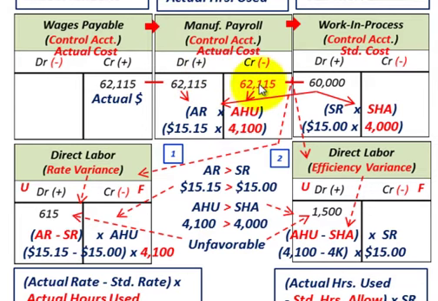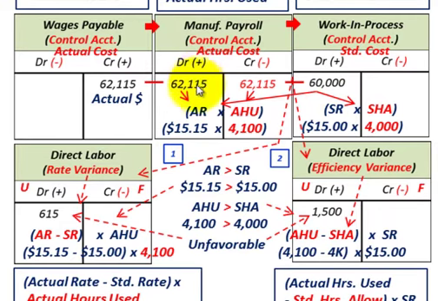So $15.15 times 4,100 hours gives you the actual cost of $62,115. Now we're going to transfer that actual cost, the $62,115, credit your manufacturing payroll by that amount, and it's going to be transferred into the work in process control account at the standard cost. Here we're not going to record the actual cost, but it's going to be based on the standard cost that was set for the project we're looking at, and that could be debited for $60,000.